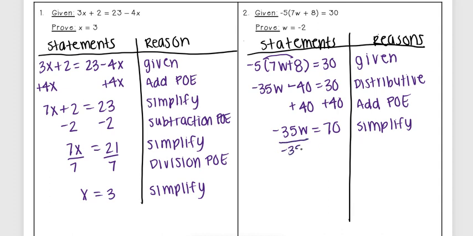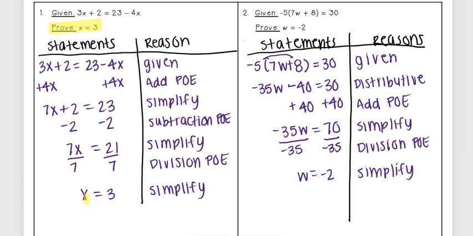Then I'm going to divide by negative 35 on both sides. So there I use division POE. And so I, in fact, do get w is equal to negative 2. If you notice, at the very end, I ended with what I was trying to prove.